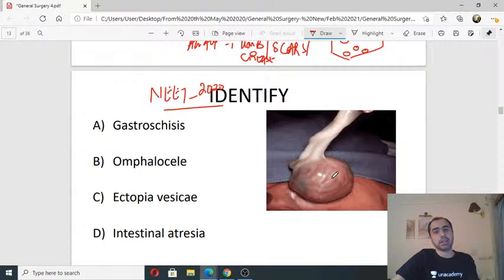Obviously what you see here is a bowel which is protruding, but it is covered by the peritoneal membrane. You don't see bare bowel. If you are seeing the peritoneum covering the bowel, protruding through the abdominal wall, and here is the pubis area, probably the child's penis, since there is a covering, this is going to be omphalocele.